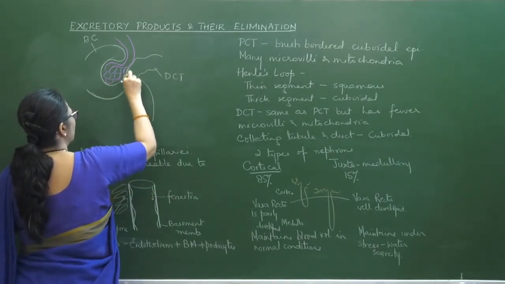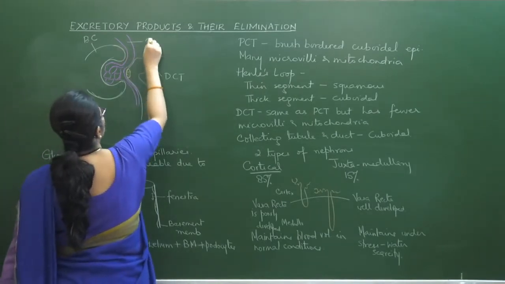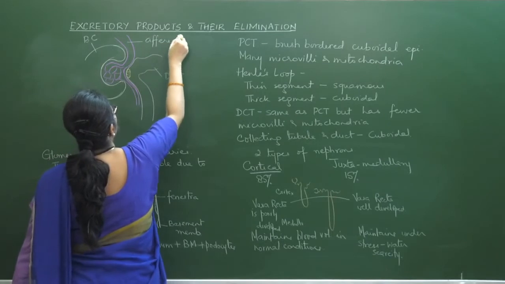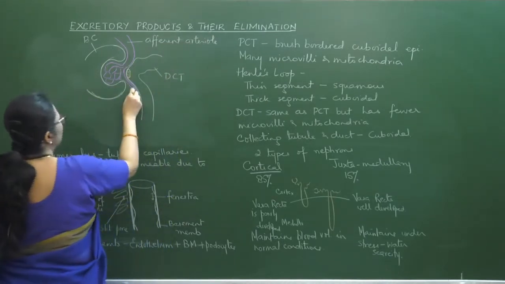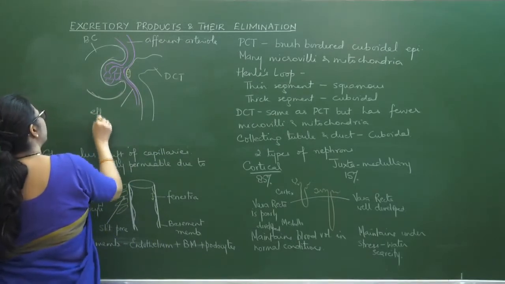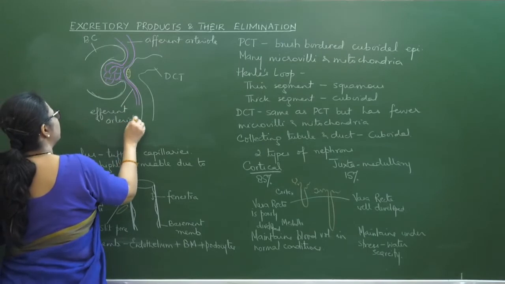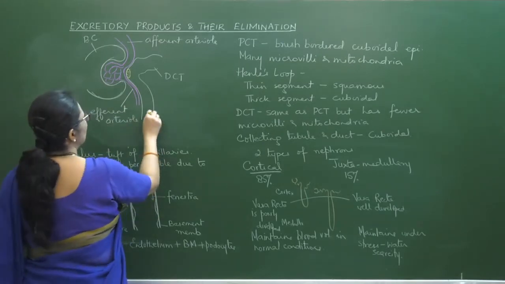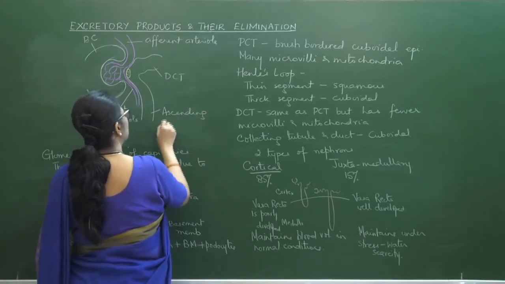Okay, we'll just mark a very simple spot. So let us mark this. This is the afferent arteriole, which is broader, as you can see. The efferent arteriole, which is narrow. This is the ascending limb of Henle's loop.